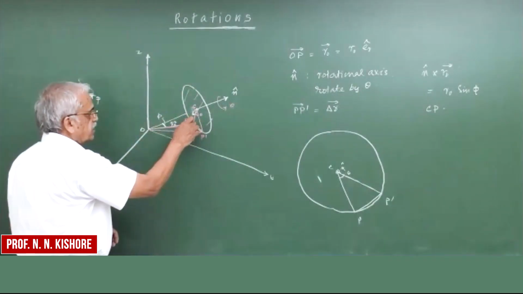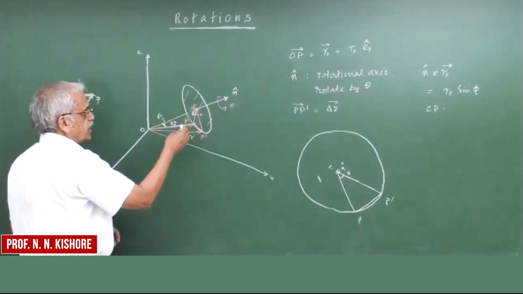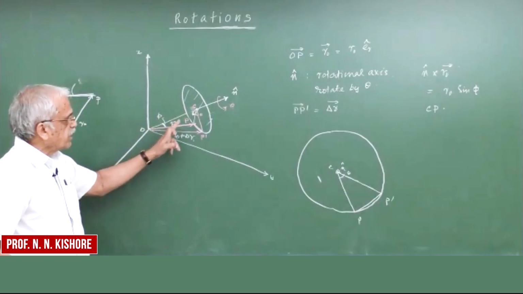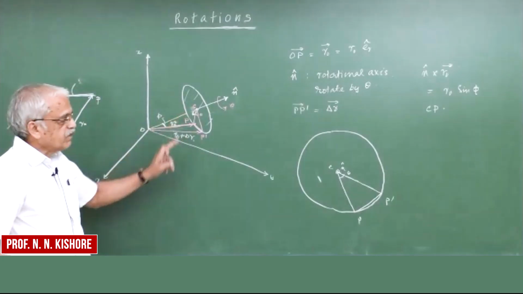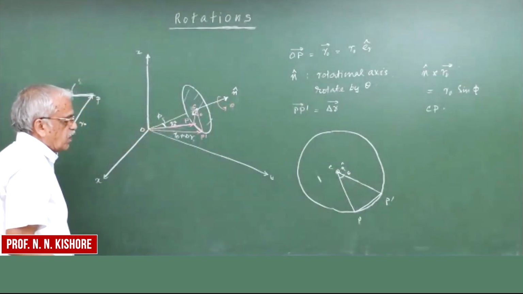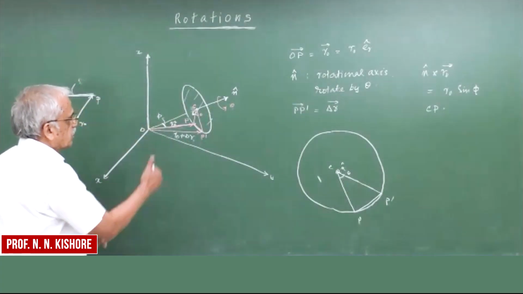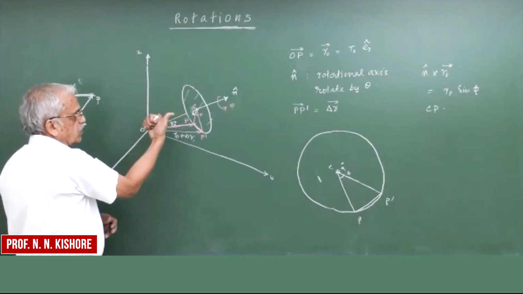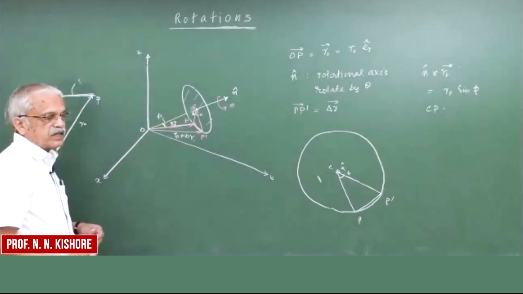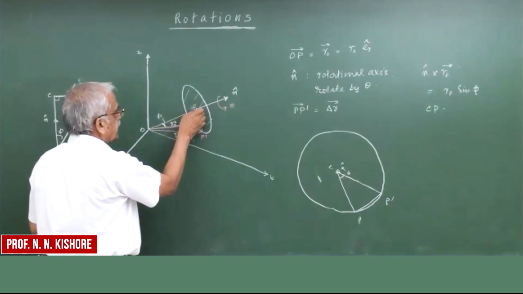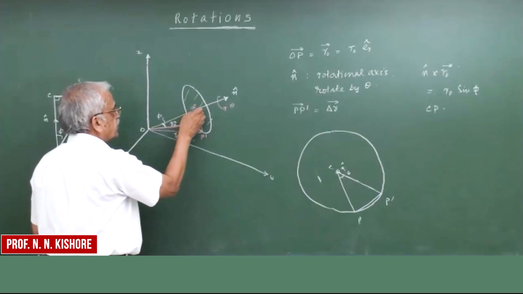And what is the direction? You have this and you have this. So N cross R naught will be perpendicular to this plane. N is coming, and P is coming like this, so the cross product of these two is perpendicular to this plane.